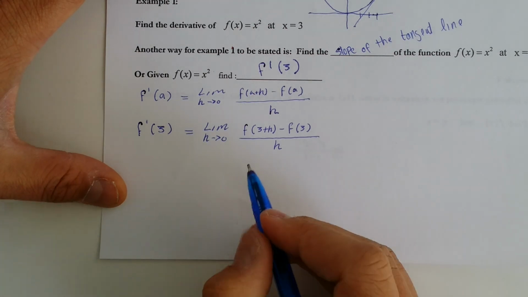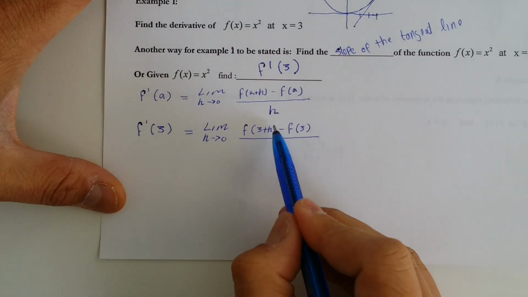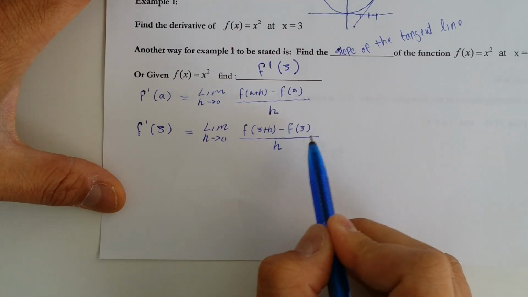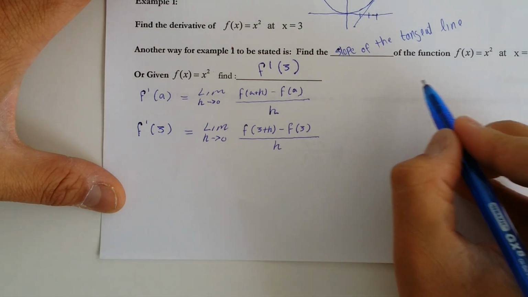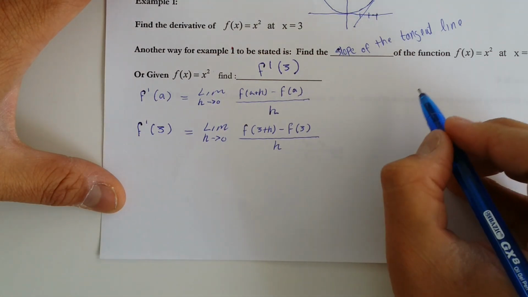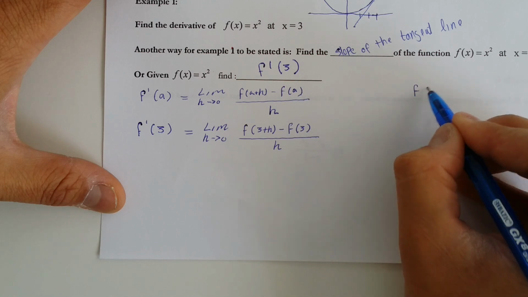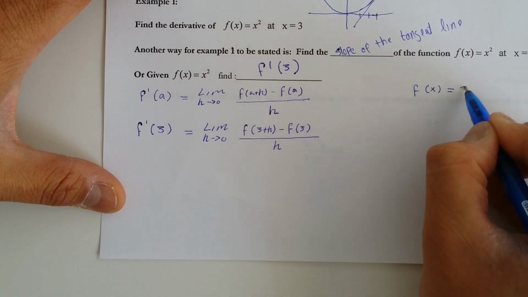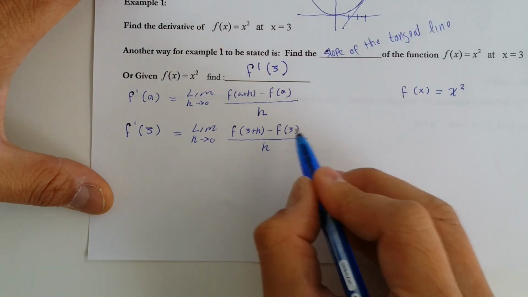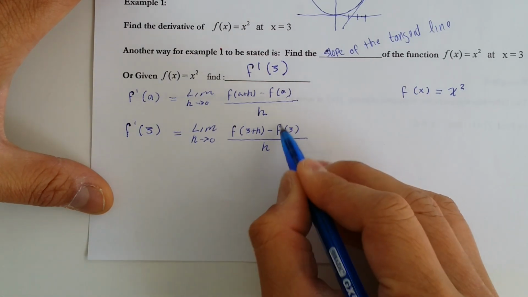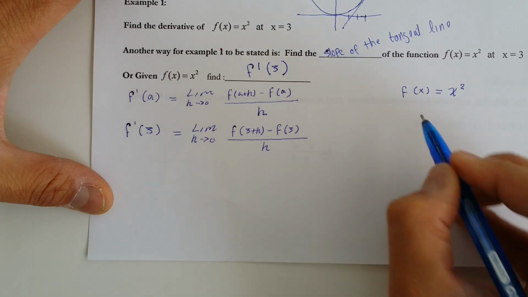Now we need to know what this value is and this value is, and then we plug it in. So on the side over here, I know that my f function is this. This is my f function. That means that if I want to find f at 3, this is easier to accomplish.